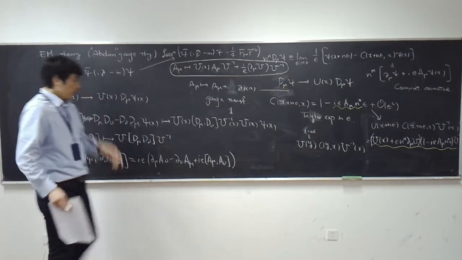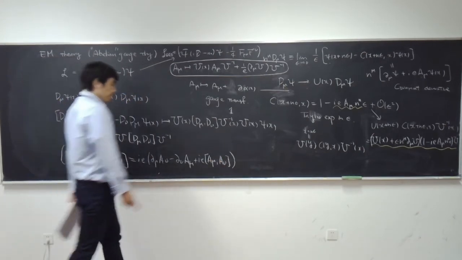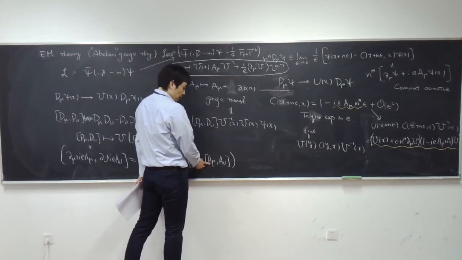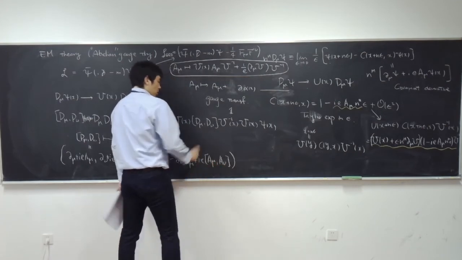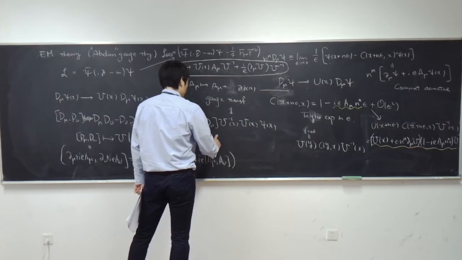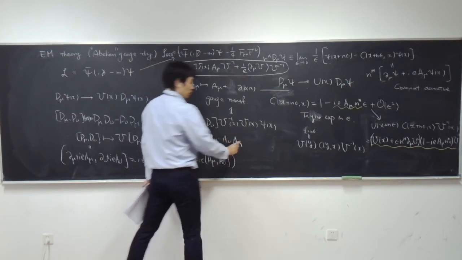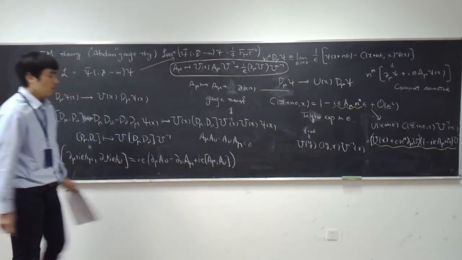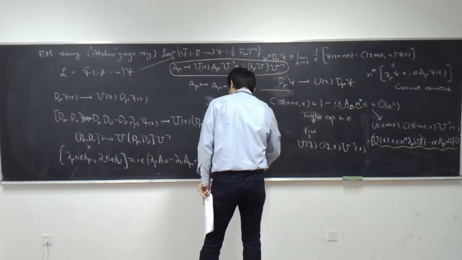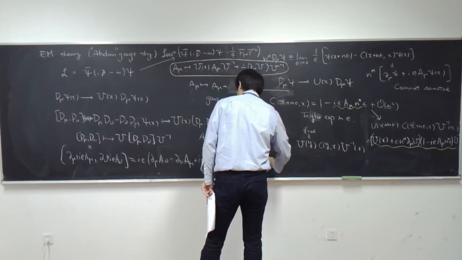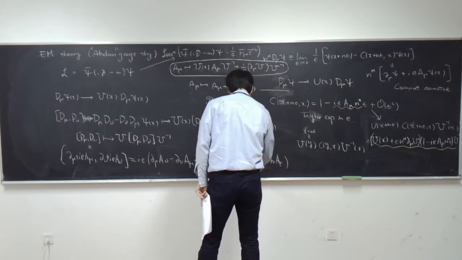I on purpose introduced this commutation relation, but in fact, if you fix mu and nu, it's just a number. So A mu A nu minus A nu A mu, this is the commutator, right? It's 0 indeed, for just U1 gauge theory. Therefore, this is partial mu A nu minus partial nu A mu times I e.